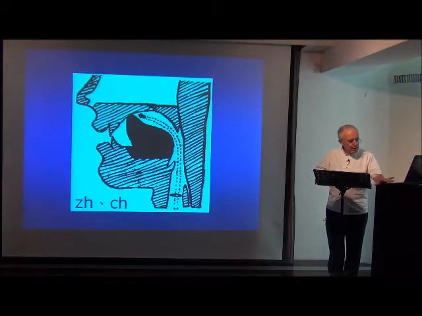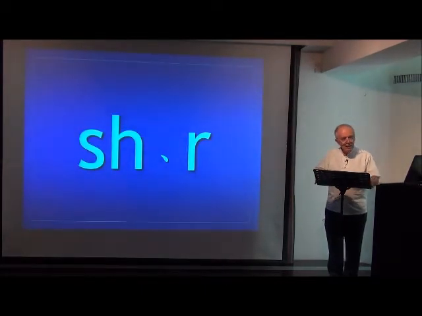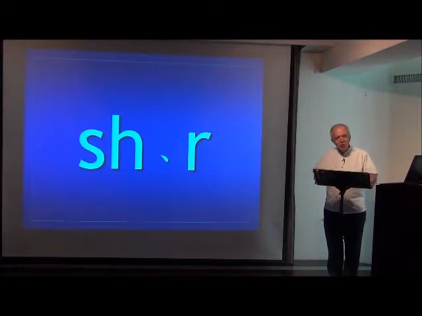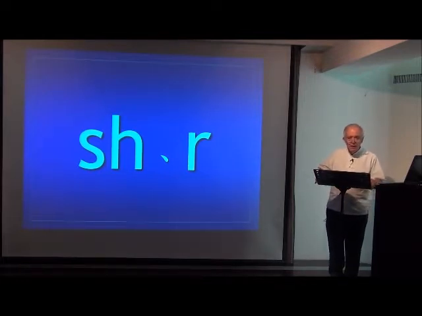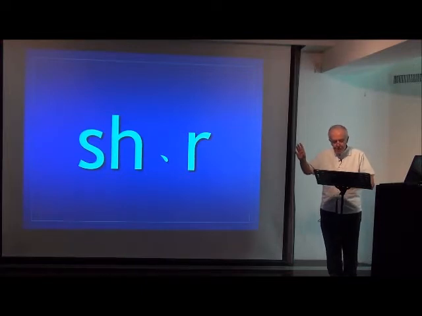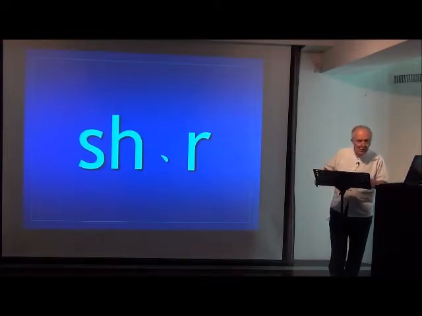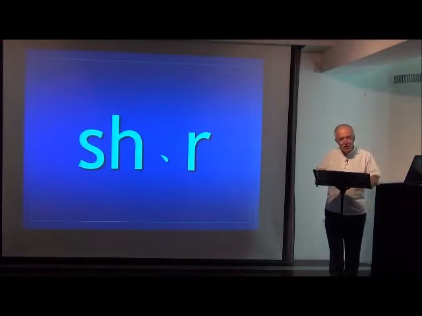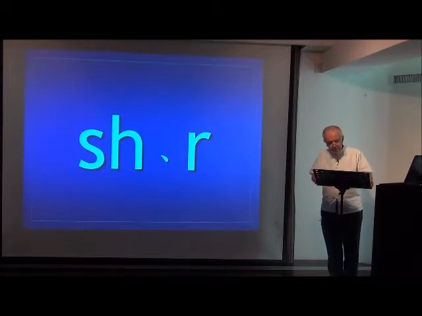Now, let's look at SH and R. Shi, ri. In Chinese, this is the only pair of consonants where there is a voiced, voiceless distinction. Shi, not voiced, ri, voiced. Now the shi isn't a problem, as we've said, we can substitute an English SH, but the ri is probably the most difficult sound for foreigners to learn.